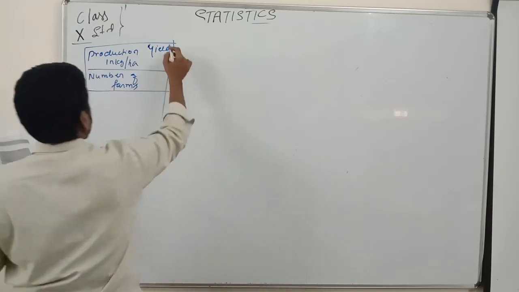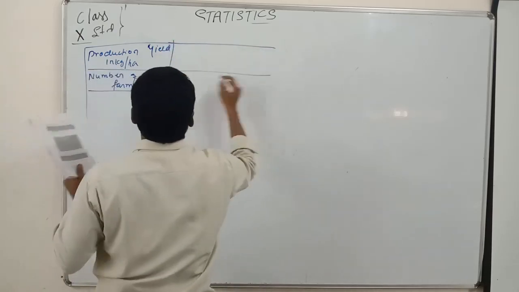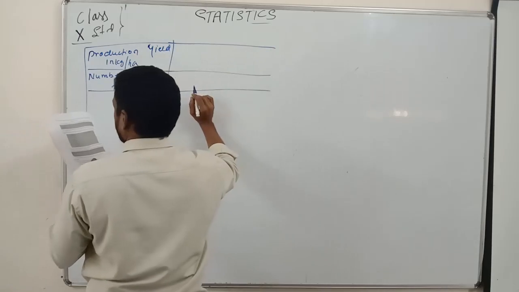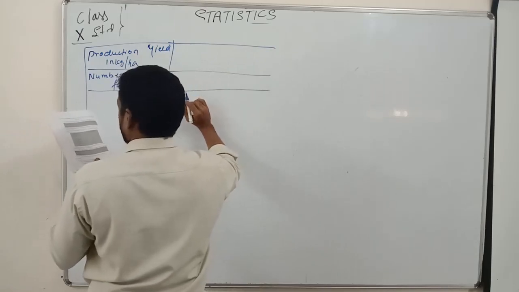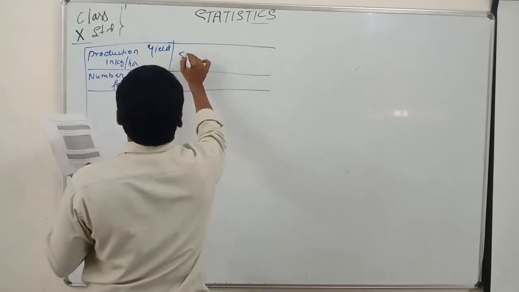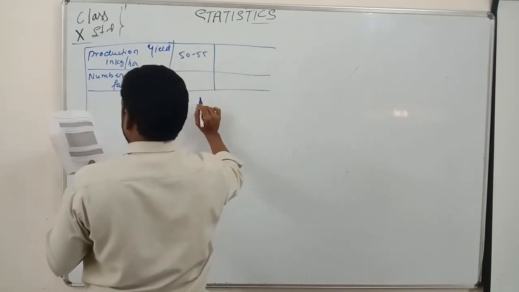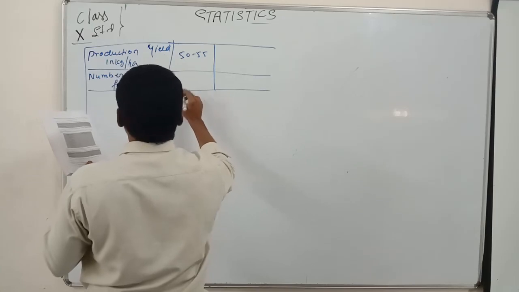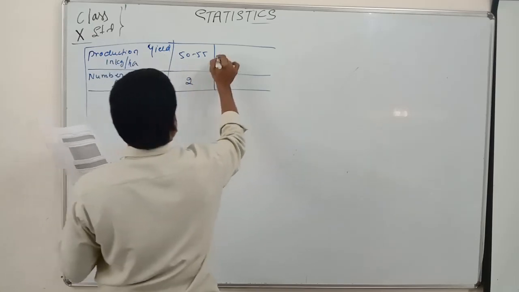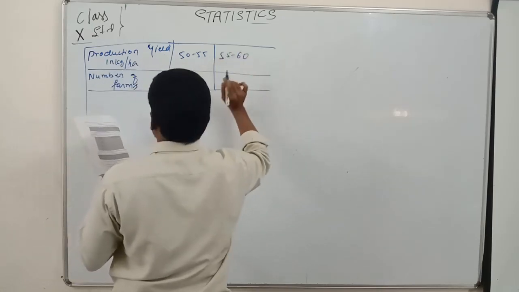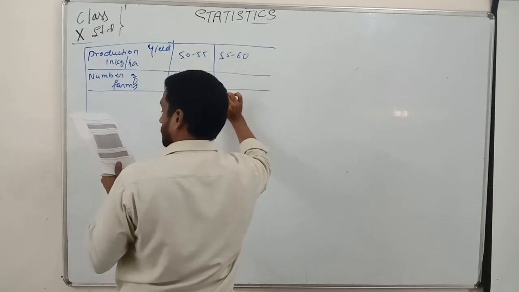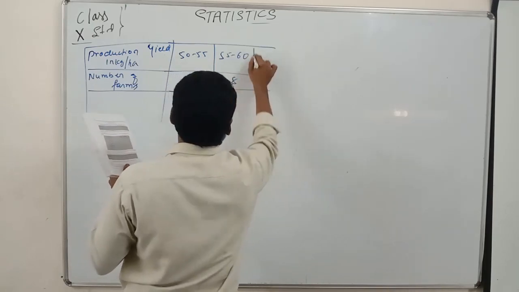He has given the data here. That is 50 to 55 kg per hectare, and the corresponding farms are 2 farms. Again 55 to 60 kg per hectare, how many farms? 8 farms.